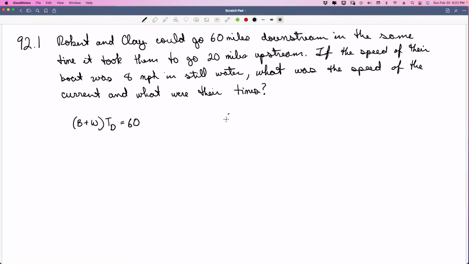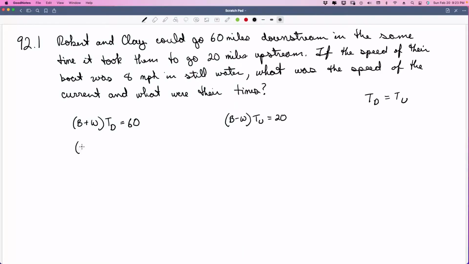The upstream is going to be B minus W times the time upstream, and we know that is 20 miles. It says in the same time, so the time is going to be the same. Instead of having TD and TU, we know that TD is equal to TU, so let's just use T to represent the time since it's the same value.